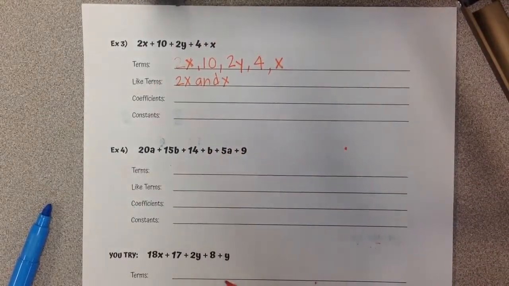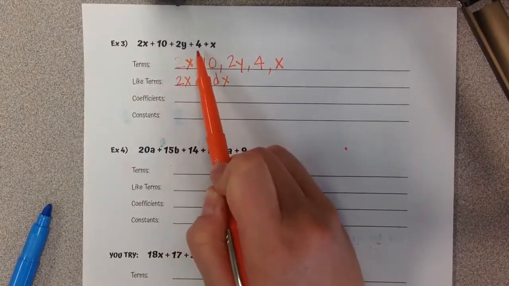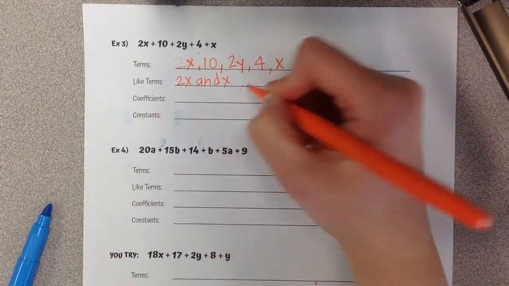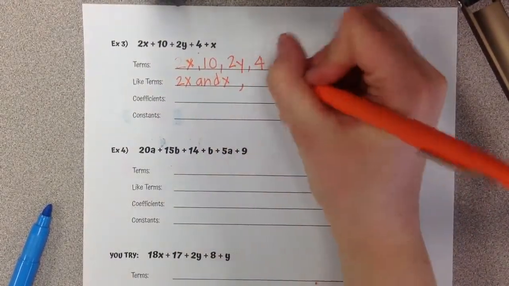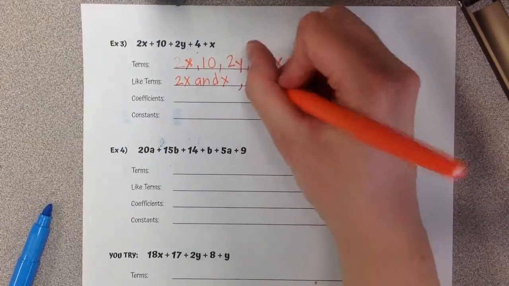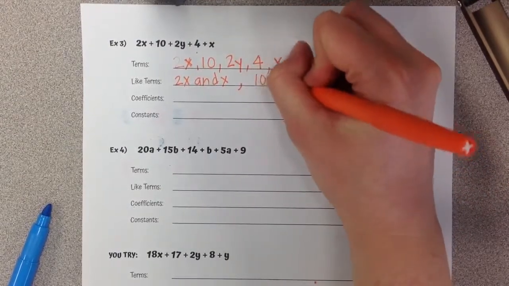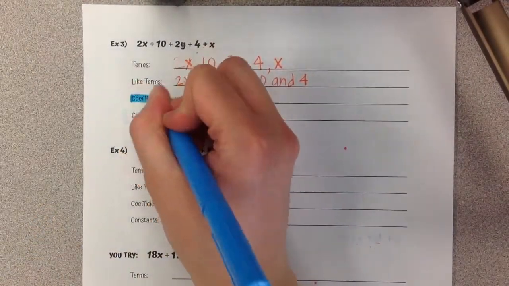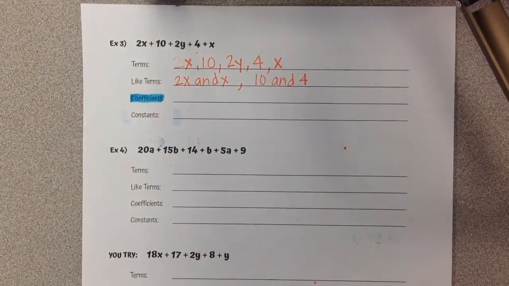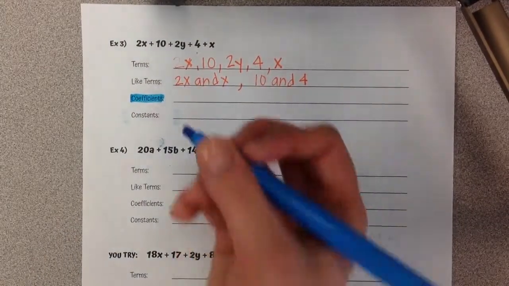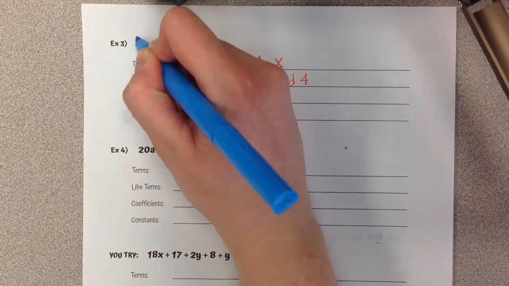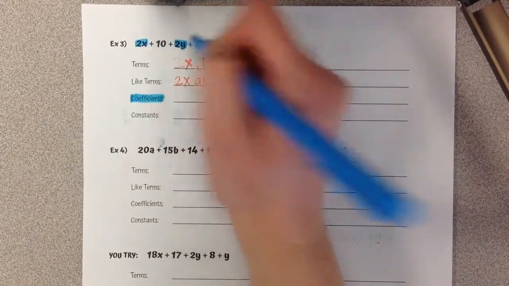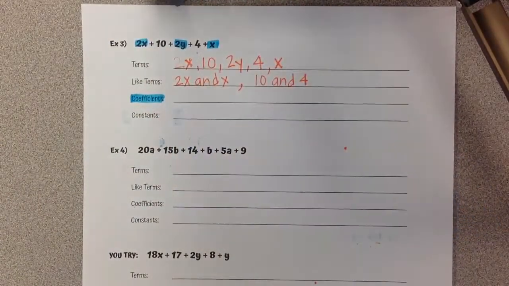And in this example, I also have 2 constants. So I'm going to put a comma to separate that. I'm now going to list another pair of like terms. 10, and 4. Okay, coefficients are next, so I'm going to highlight that again. Remember, coefficients contain a variable, so I'm going to highlight all of my terms with variables, 2x, 2y, and x.